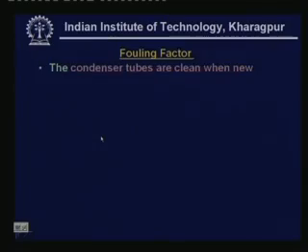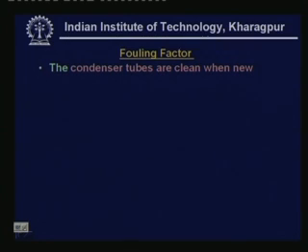Now, let us look at the other factors. I was discussing the fouling factor. Generally, fouling takes place when we are using water cooled condensers, because on the air side the fouling is generally less. So, whenever we use water cooled condensers, fouling normally occurs on the water side.